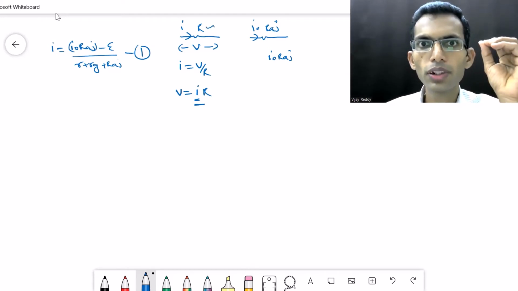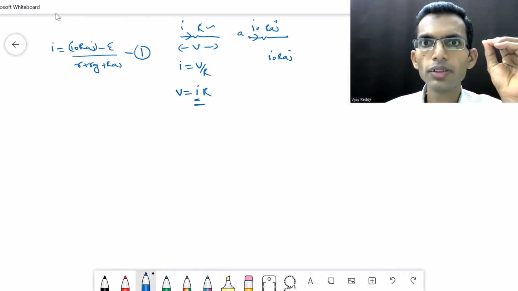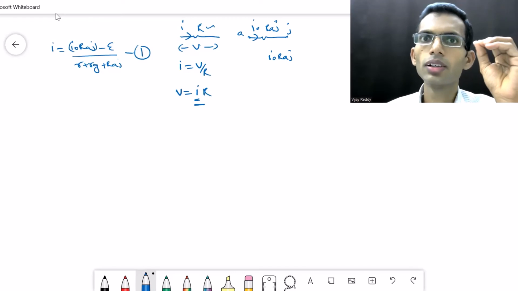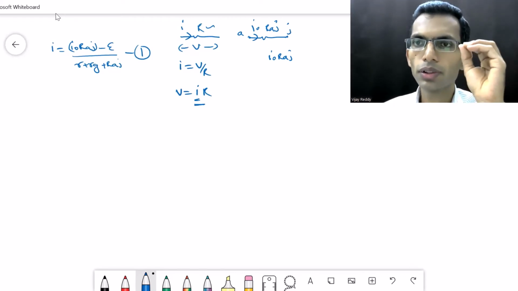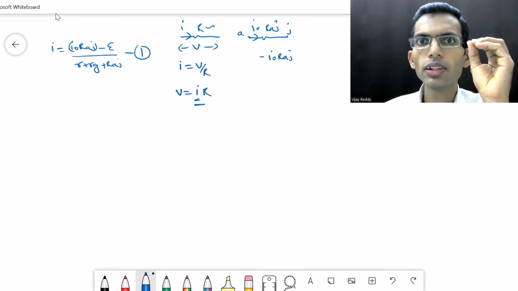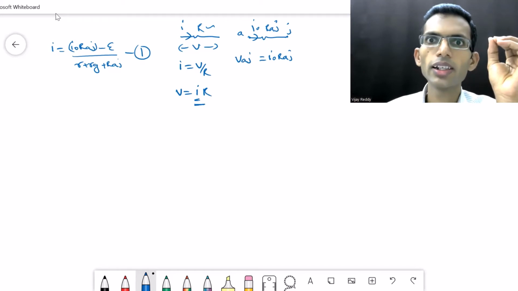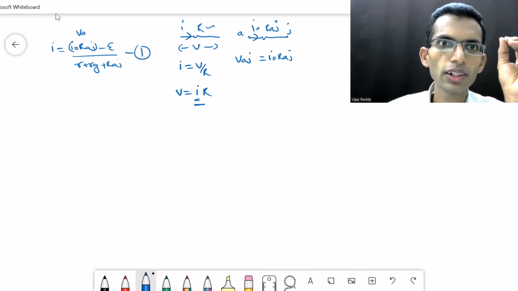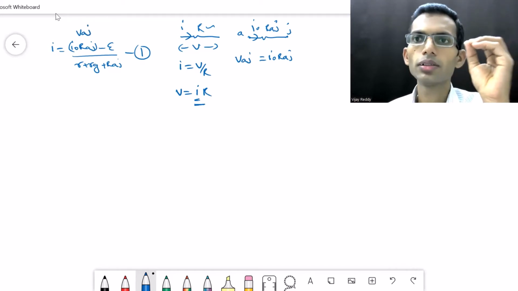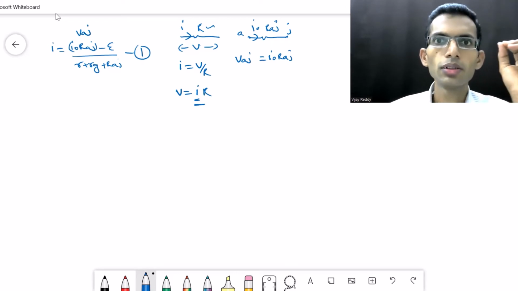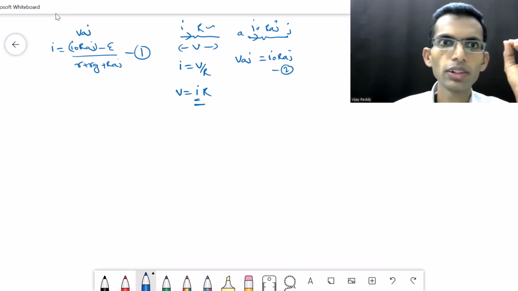But here RAJ is present between junction A and moving contact position J, so the potential difference is also between A and J. So VAJ, I naught RAJ, represents the potential difference across A and J. Understood? Let me take this as equation 2.